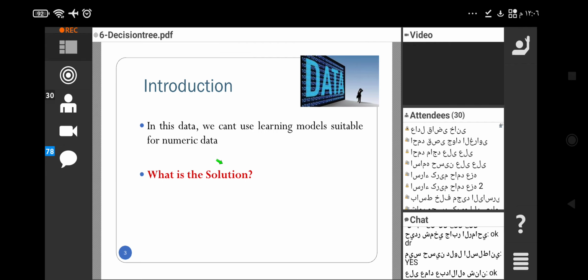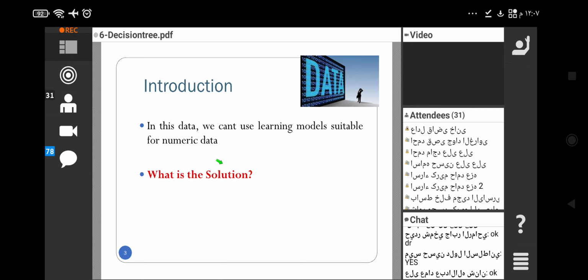Now, how could we classify this type of data? In this type of data, we can't use the classifiers which work with numbers.